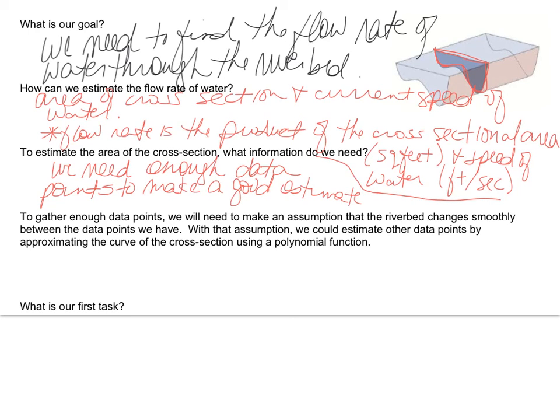To gather enough data points, we will need to make an assumption that the riverbed changes smoothly between the data points we have. With that assumption, we could estimate other data points by approximating the curve of the cross-section using a polynomial function. We need to sort of connect the points on the graph that we have.